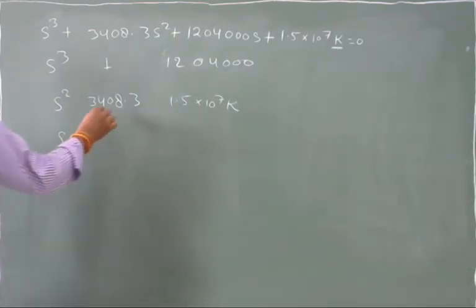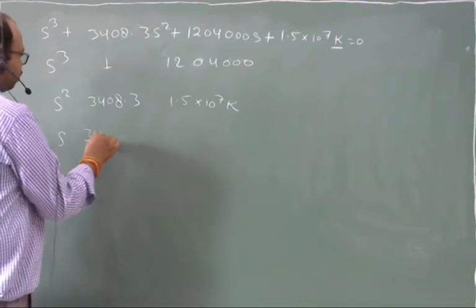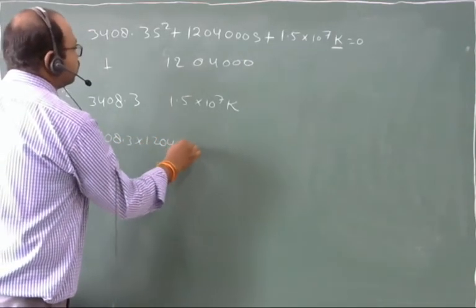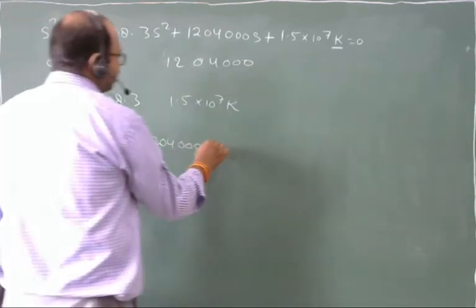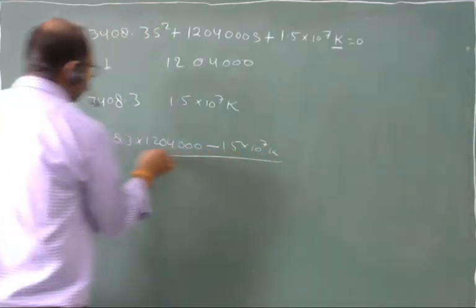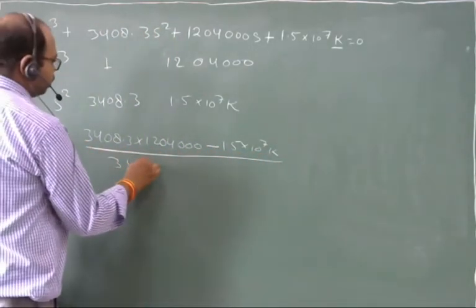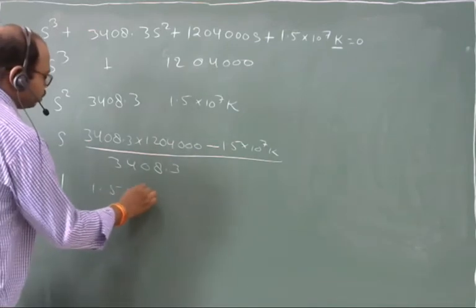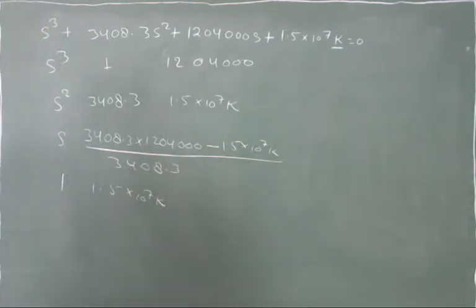Here I'll find the value 3408.3 into 1204000 minus 1.5 into 10 raised to 7 k divided by 3408.3, and here 1.5 into 10 raised to 7 k.